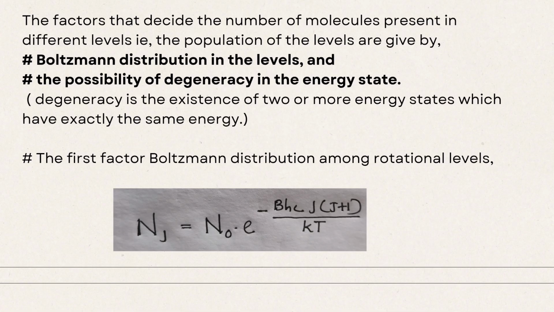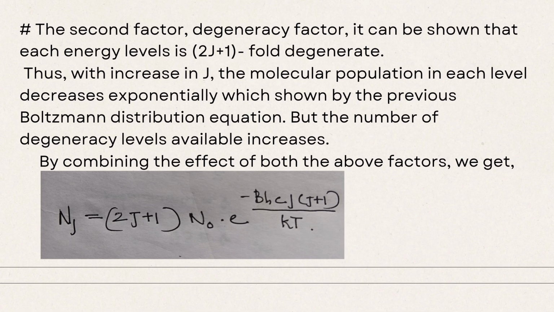The first factor, Boltzmann distribution among rotational levels, is given by Nj = N0 e^(-BhcJ(J+1)/kT). Here, N0 represents the number of molecules in the ground state, J equal to 0, and Nj the number in any higher state of J. The second factor is the degeneracy factor.